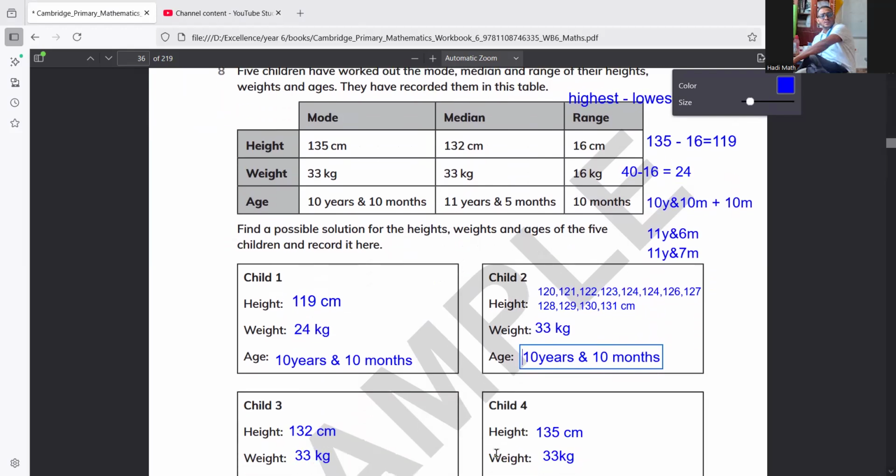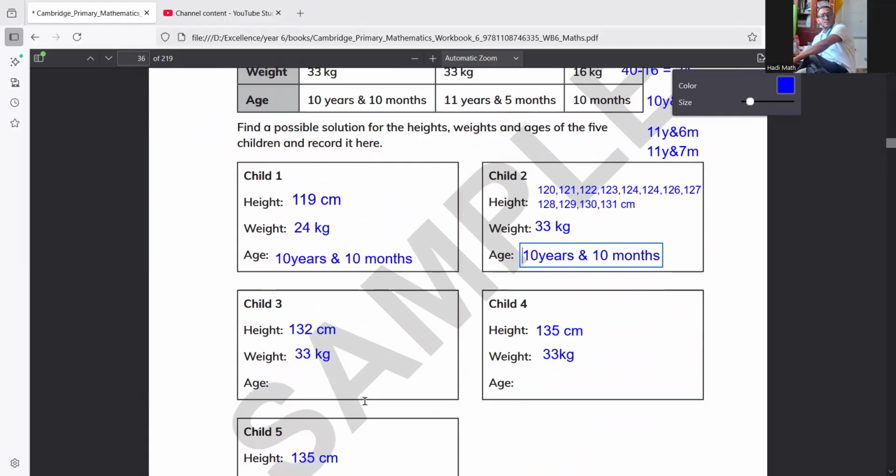So let's go and write it. 11 years and 5 months. This is the median. This one we said we have got two options. Choose any one of them.